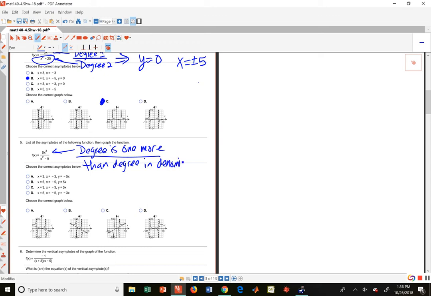So if you have exactly 1 more degree in the numerator than in the denominator, then you have what we call an oblique asymptote. Now it takes a little getting used to how to compute that. Long division, it may have been a little while since you've done long division with polynomials. So here we go. Let's go find our oblique asymptote.